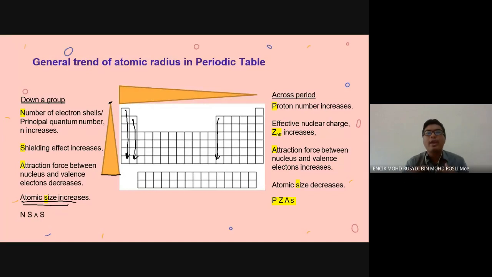But how do we explain this trend? Macam mana kita boleh explain kenapa size going down the group makin besar? So it started with the number of electron shells ataupun the number of shells occupied with electron increases, or the principal quantum number increases.